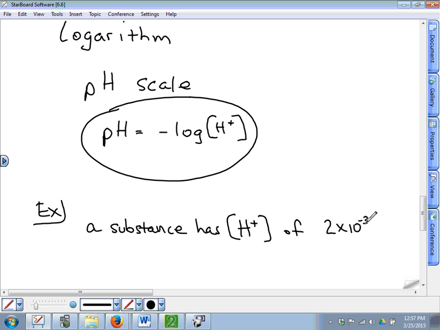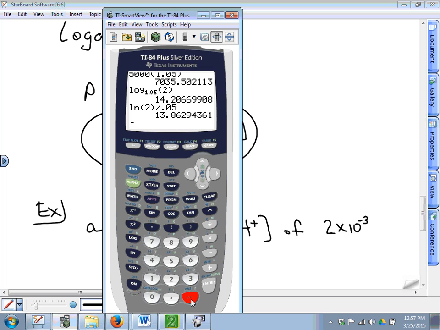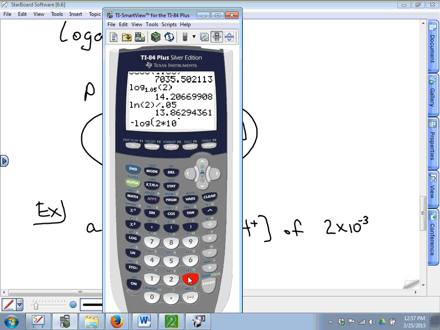How do you find its pH? You plug this number into here. That's not that hard. Type in negative, common log, and then type in this number: 2 times 10 raised to the negative 3. Close your parentheses. And there's the pH. 2.7. Really easy.